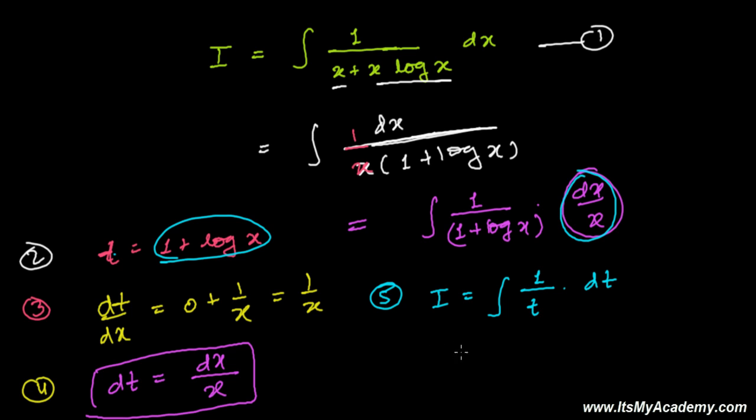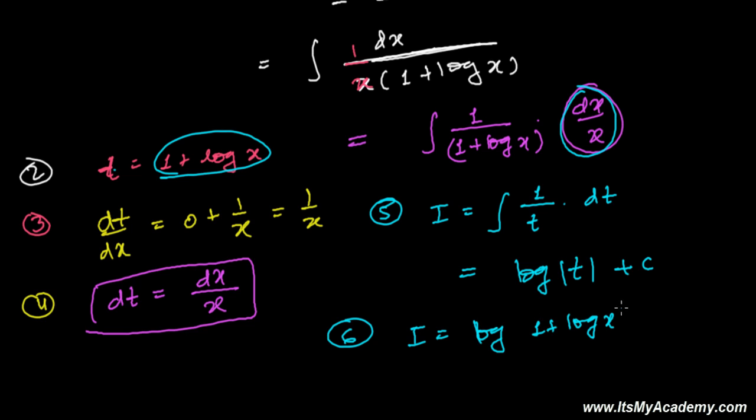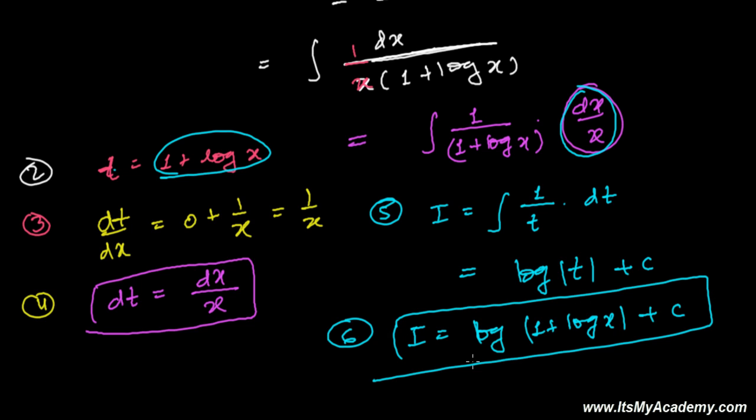Now the simple process of integration: the integration of 1 over t with respect to t is simply log of the absolute value of t, plus some constant. The constant always comes. This is the 6th step, replacing t with the original 1 plus log x. So it's log of 1 plus log x, plus some constant, and that's our final answer. This is how we need to do it.